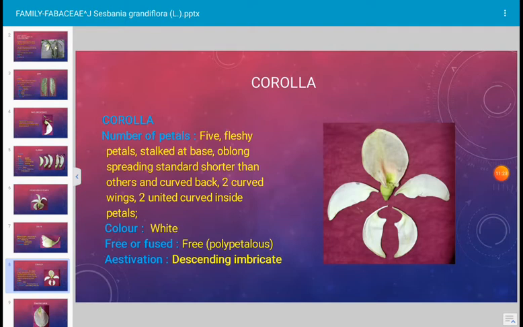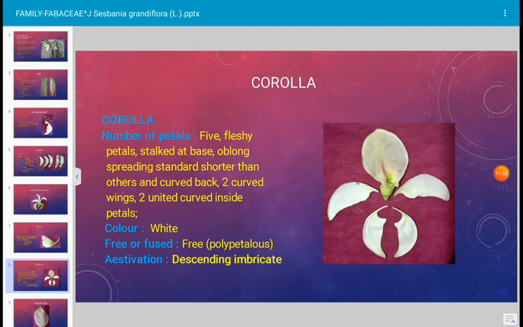The color is white and the petals are free, they are not united to each other. But the keel petal, in the initial bud stage of the flower, appears united. If all the petals are free, then it is described as the polypetalous condition. And the estivation is descending imbricate.